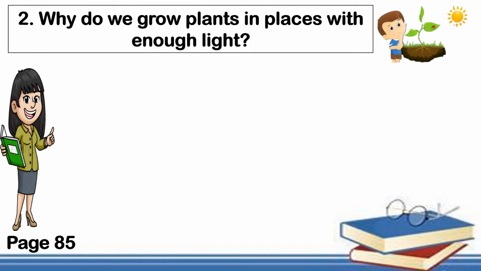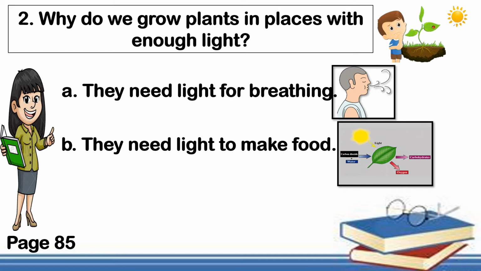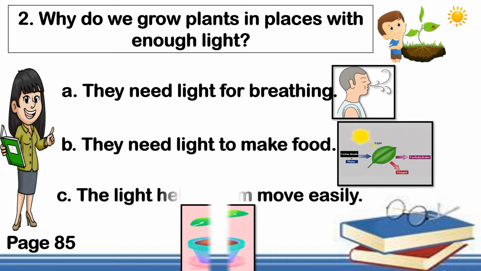Number 2. Why do we grow plants in places with enough light? Letter A. They need light for breathing. Letter B. They need light to make food.